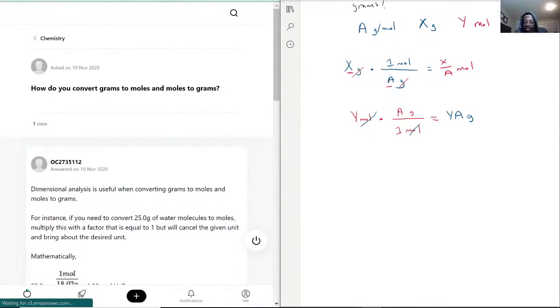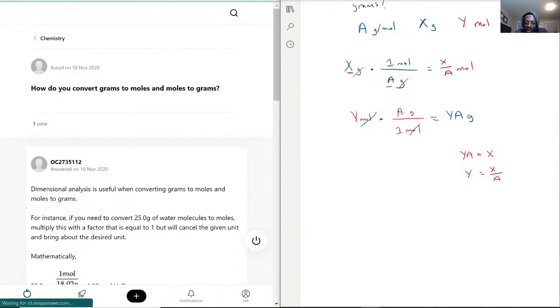And that is how these convert, and it's pretty cool because if you put it all together and made them equal each other, you would notice that YA is equal to X, and Y is equal to X over A. See how they relate? You really just move the A to the other side, and you divide both sides by A.